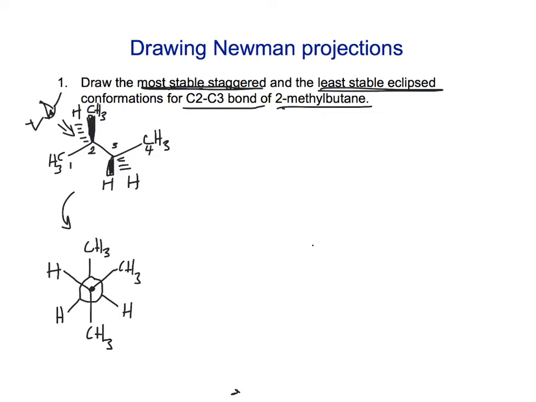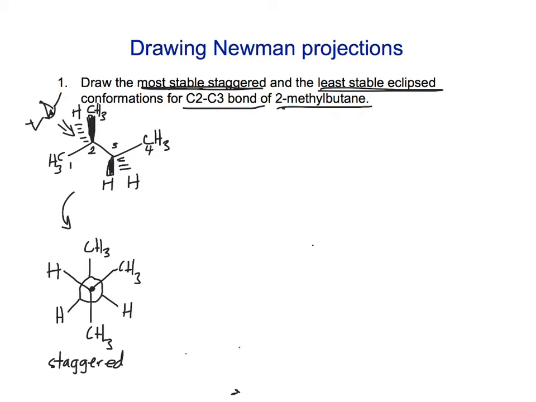Remember, this type of structure or conformation here is called staggered, because all of the bonds on the front carbon and those on the back are alternating one another. Okay? So this is staggered. Some of the important interactions that we need to know between the different groups.